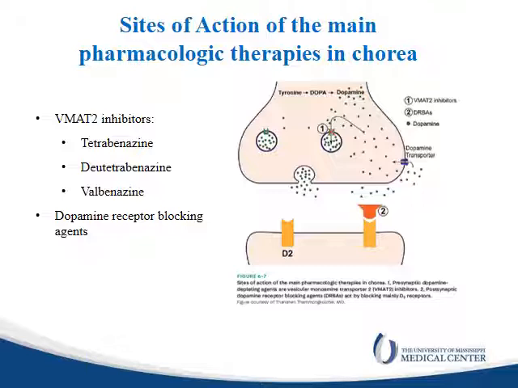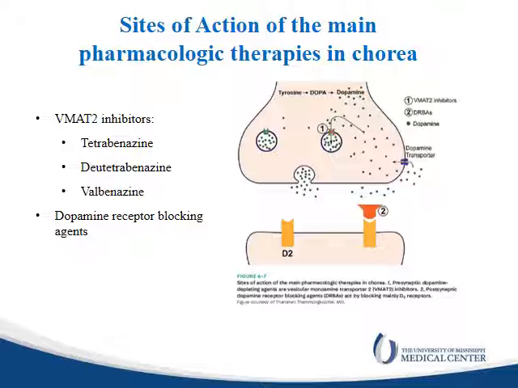After a while, it can be reuptaken by the dopamine transporter. And in the presynaptic dopaminergic neurons, dopamine is packaged by the VMAT protein into these small vesicles and then gets released back to the synapse.